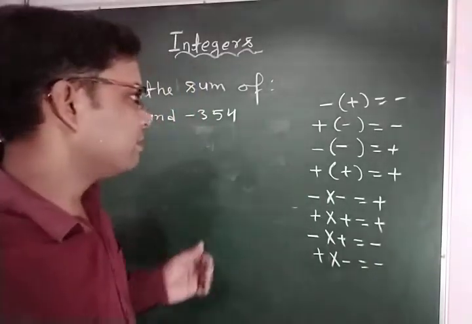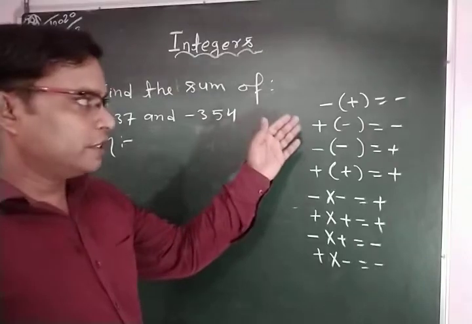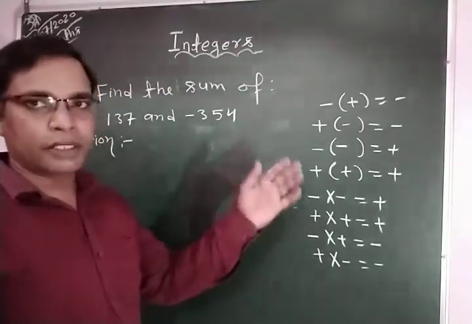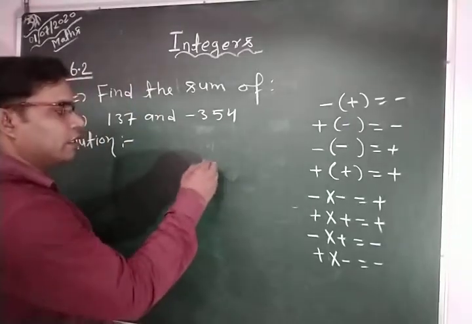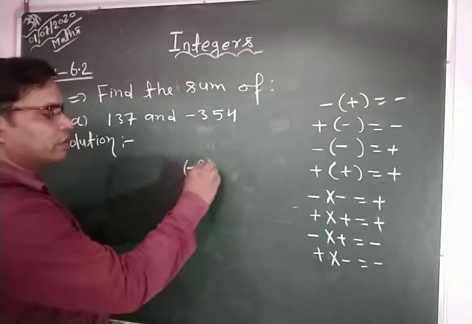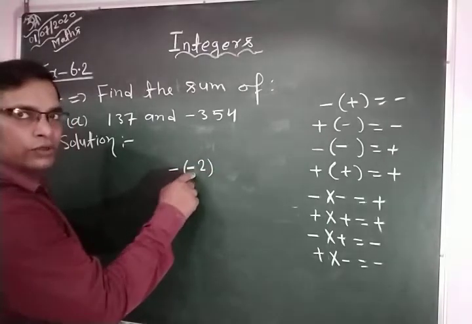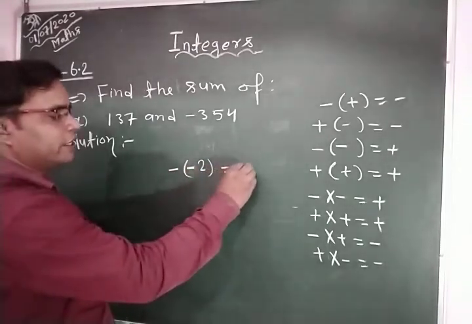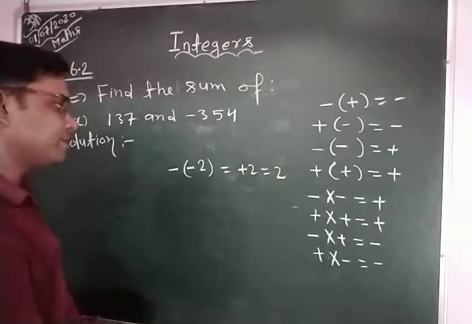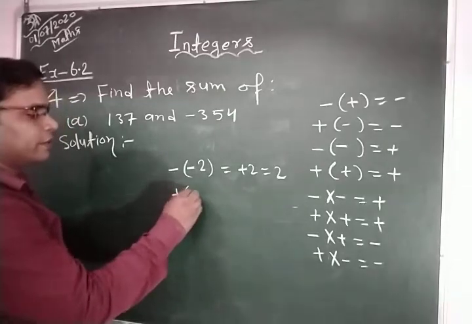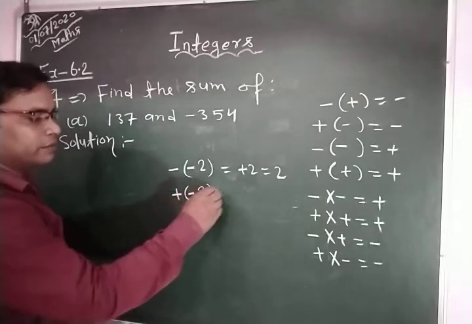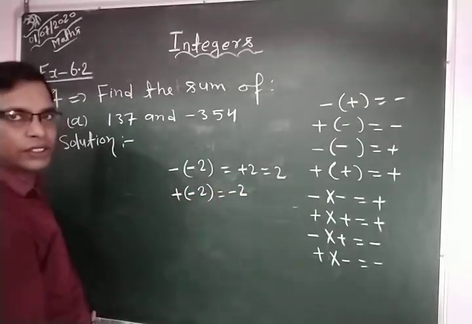Now let's see some examples related to these properties of arithmetic operations. Take 2 minus minus 2: you can write plus 2, or simply 2. Next, 2 plus minus 2: plus minus is minus, so you write minus 2.